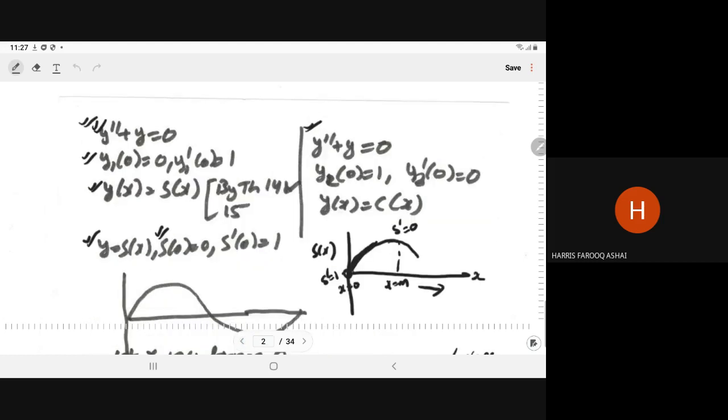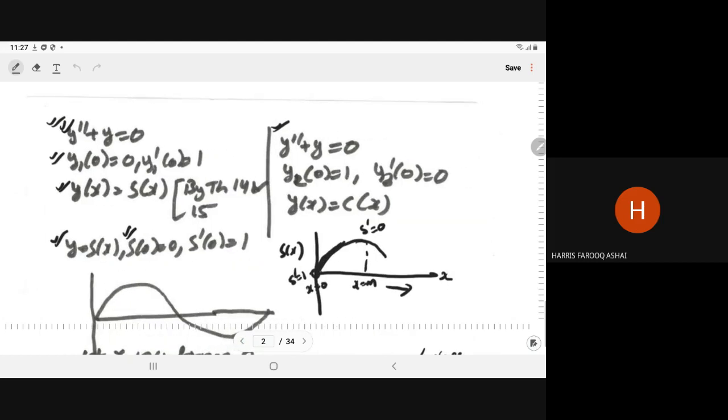It crosses the x-axis when it is decreasing, at x is equal to pi. And now, as here we have S dash is equal to 0, it is decreasing, so it reached S dash is equal to -1.